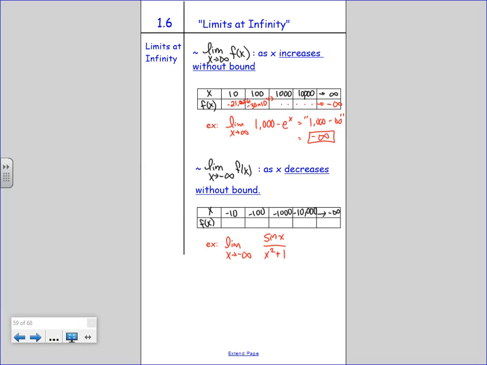This is another one with a degree test. You might be like, I don't know what to do. How do you test the top and the bottom? But maybe, let's go in our table. The limit as x goes to negative infinity of sine of x over x squared plus 1. This might be one where, once we learn or review the degree test, we're still like, ooh, we don't know how to do this one.